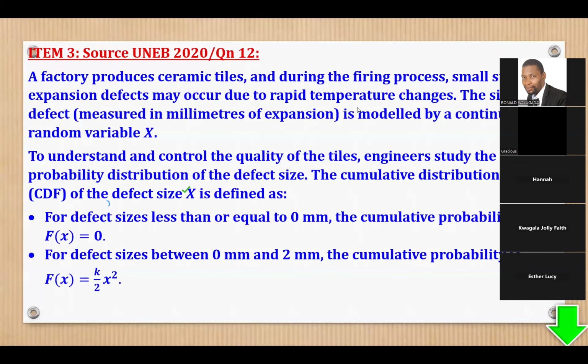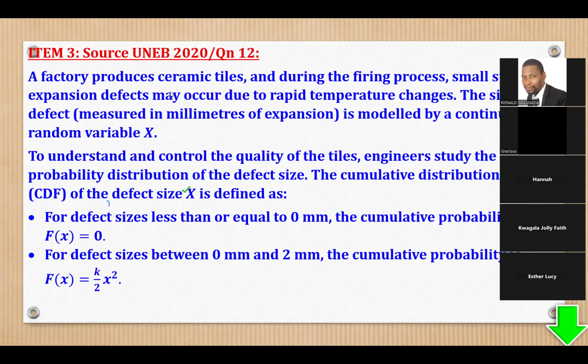So we shall say, a factory produces tiles during the firing process. I think you know that tiles to be manufactured have to be heated, that's what they mean by firing process. Small surface expansion defects may occur due to rapid temperature changes.